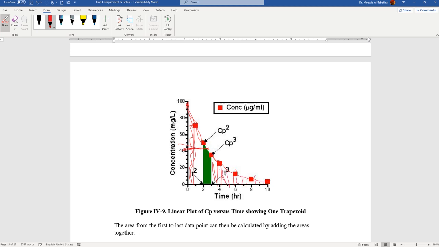What is the problem? The problem is we don't know what's happening here. Theoretically, it takes infinite time to approach zero, to reach zero.